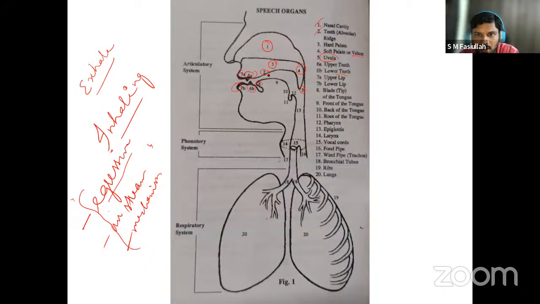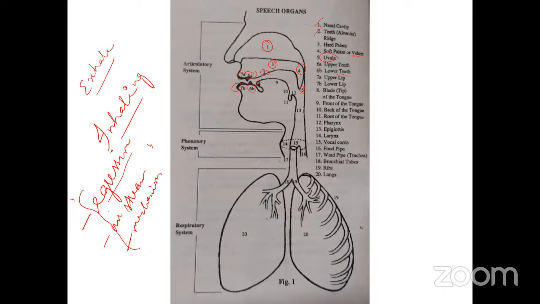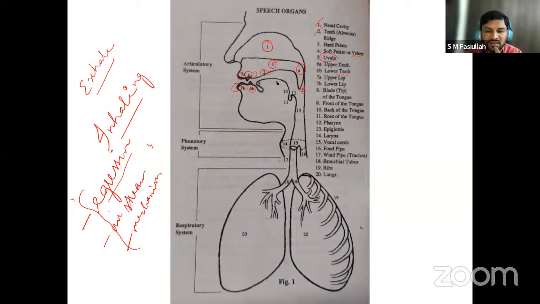This is tip of the tongue. Can you see in my video? Yeah, this is the tip of the tongue. Then you have middle of the tongue. You can easily understand what is the middle part. And then you have the last part, back of the tongue.